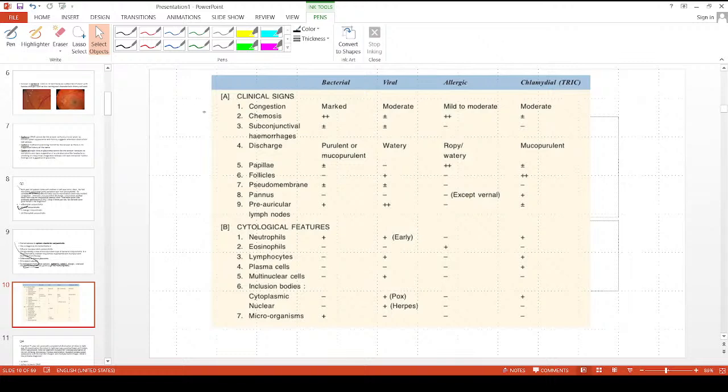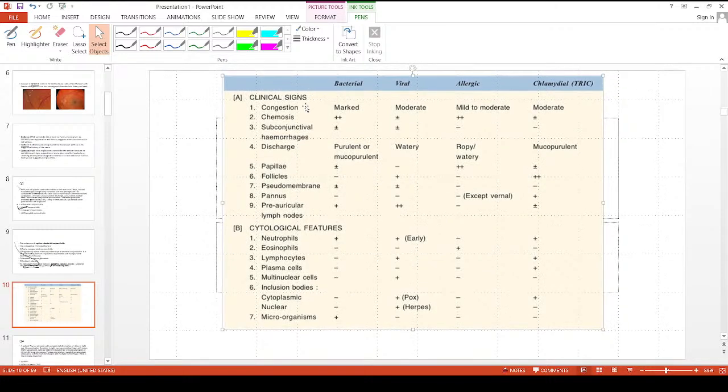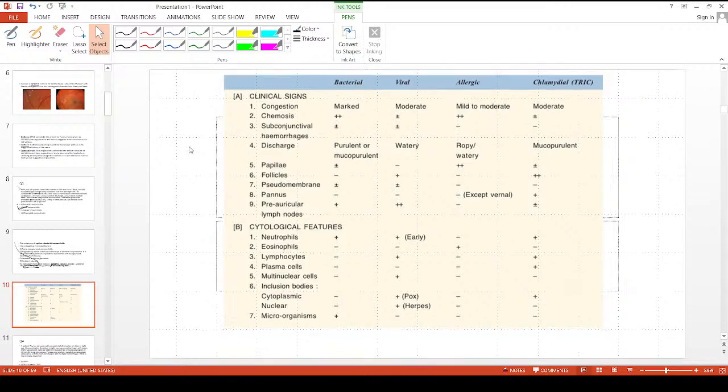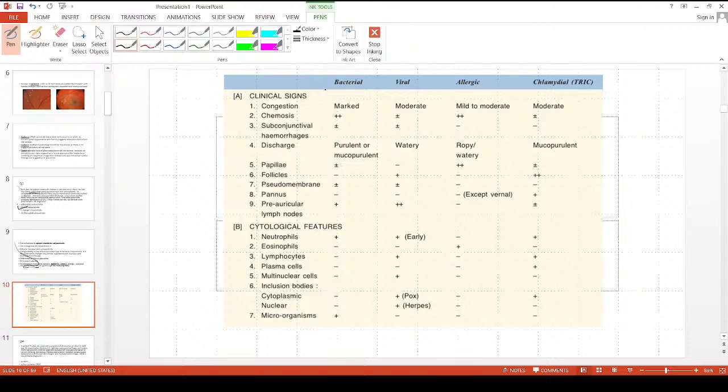If you see this table, bacterial conjunctivitis will always have a marked discharge.